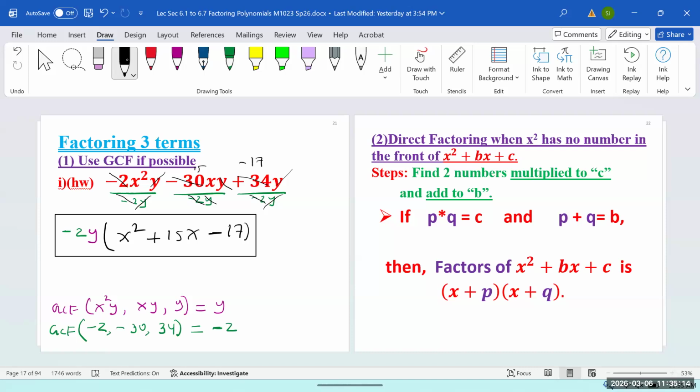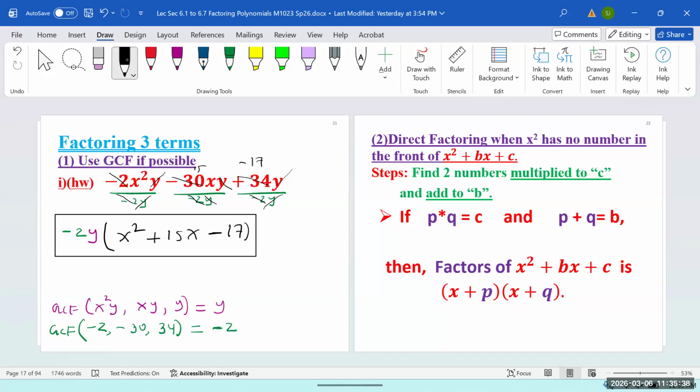This is the rule for x squared plus bx plus c. We can factor this directly into two binomials, just like the difference of perfect squares. When we had difference of perfect squares, we could always factor into two binomials by adding and subtracting their square root. Same thing here. When we have a trinomial, we can factor this way if possible.